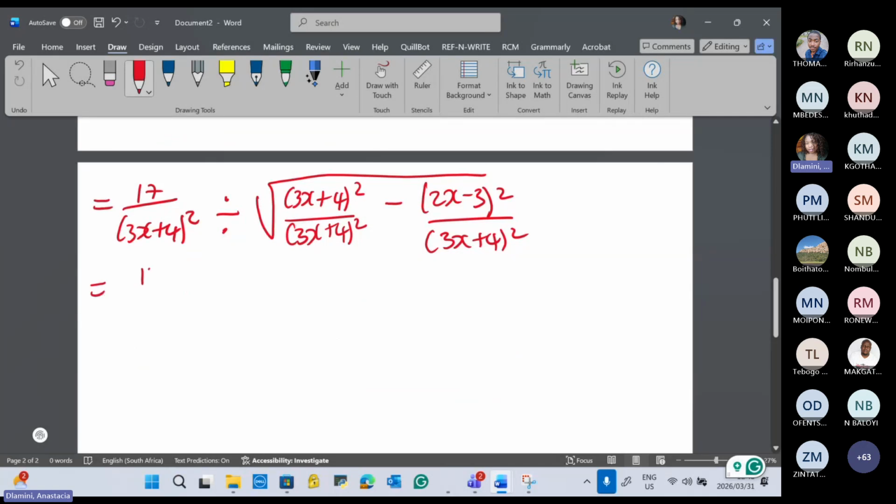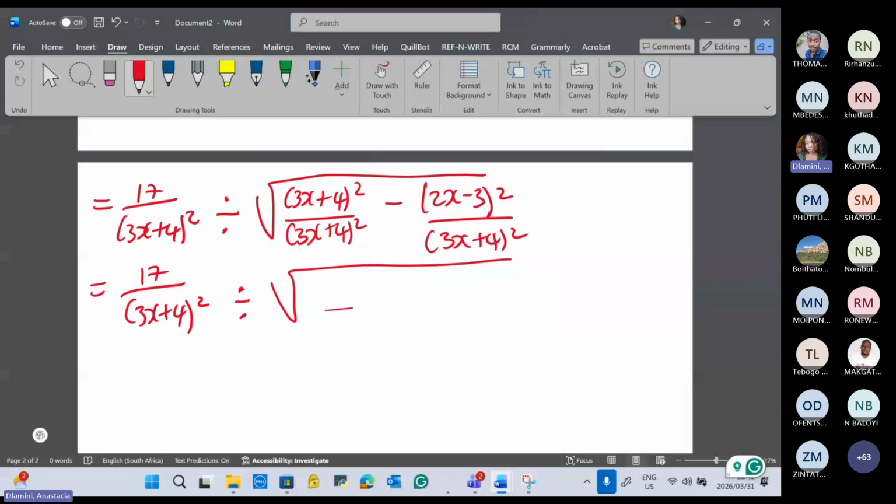So this is 17 over (3x plus 4) squared divided by the square root of, the denominator remains the same, which is (3x plus 4) squared. Do you see that expanding becomes an issue when you have something like this, guys?